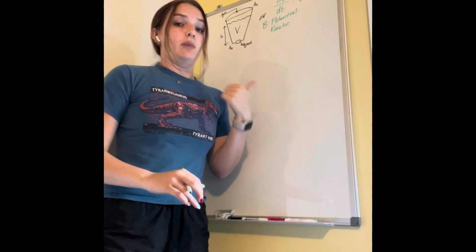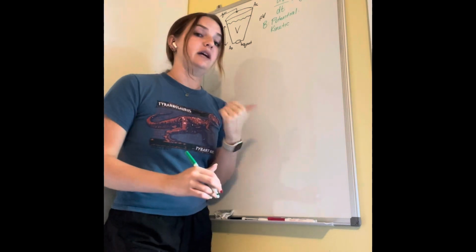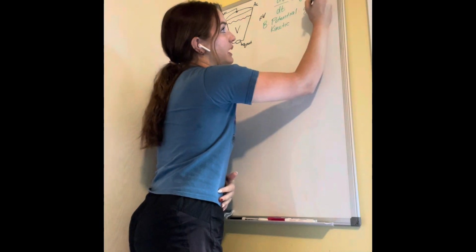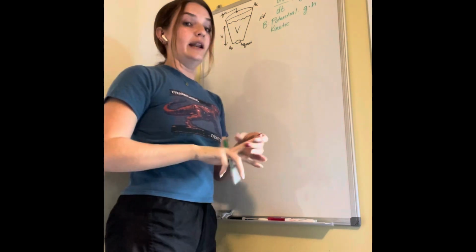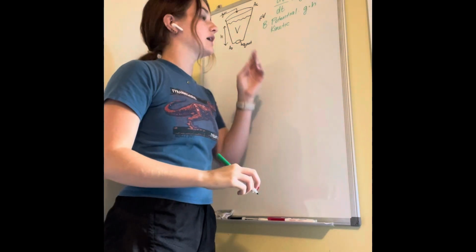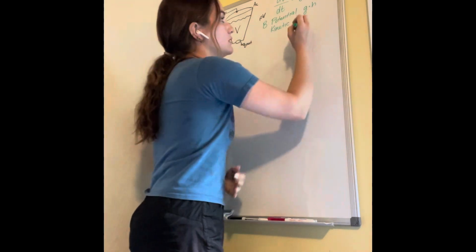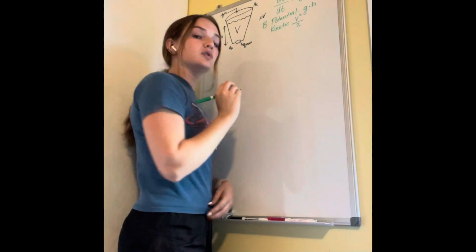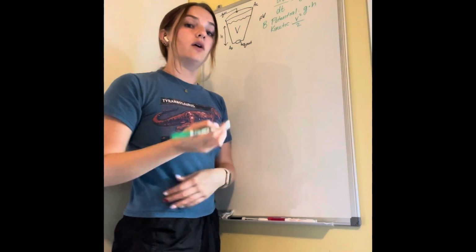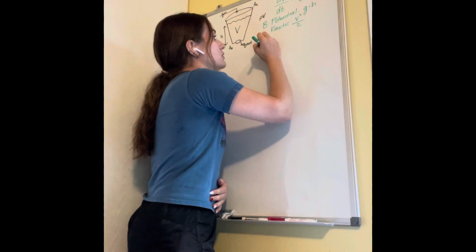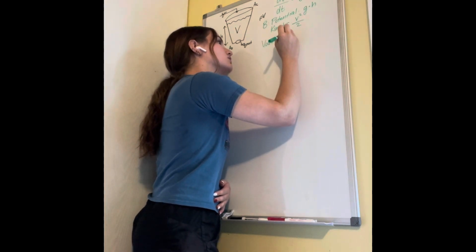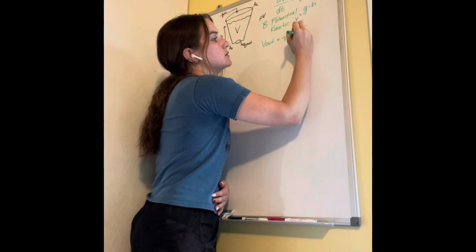So per unit mass, the potential energy at some height h in our tank is going to be g times h. And now per unit mass, the kinetic energy leaving our tank is going to be v squared over 2. So now we can find our flow rate out from these two equations. So we can have v out is equal to the square root of 2gh.